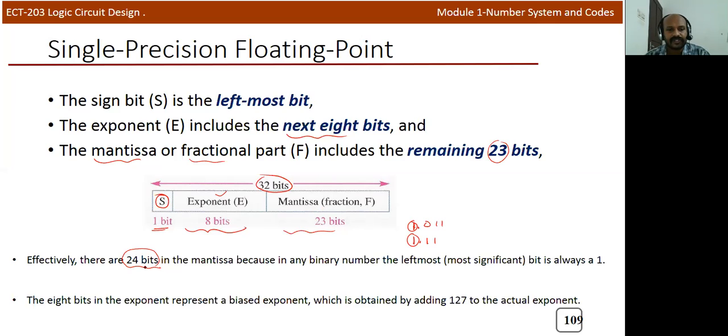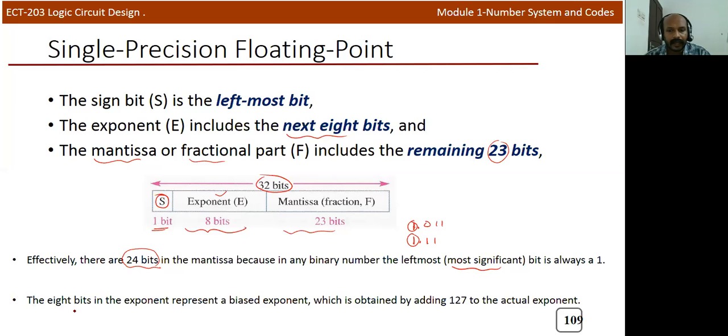Effectively there are 24 bits in the mantissa, because in any binary number system the leftmost or most significant bit is always 1. So if it is not written in the mantissa part, it is understood to be 1. We'll see one example, then you'll get more idea. We allocate only 23 bits, but when you write the final result you will use 24 bits, because the first digit is always a 1 in the case of binary.